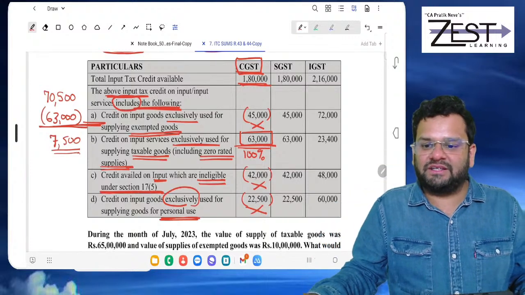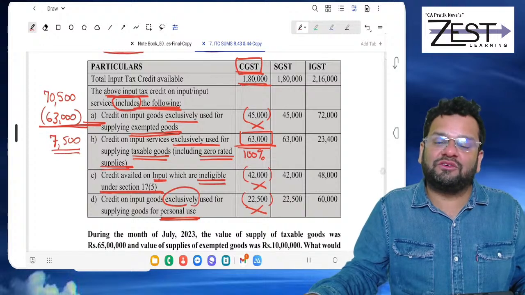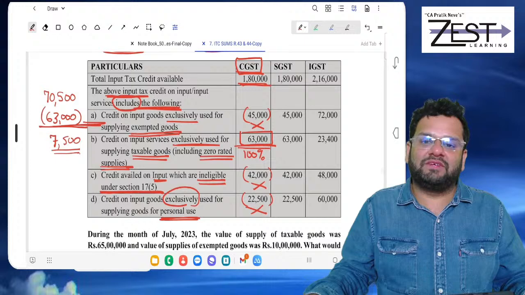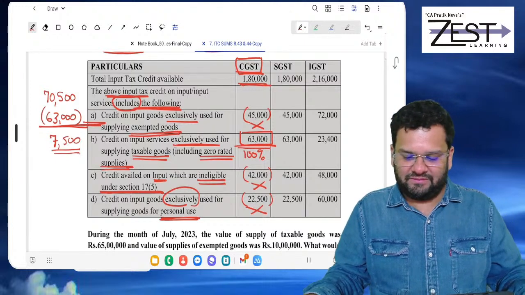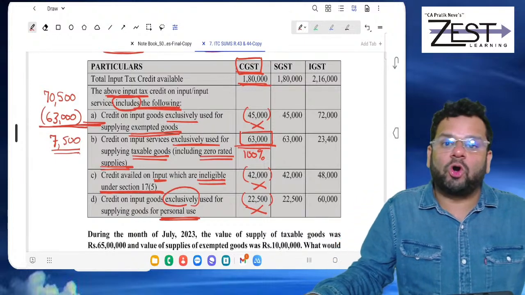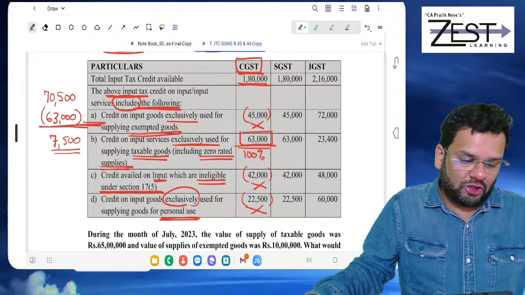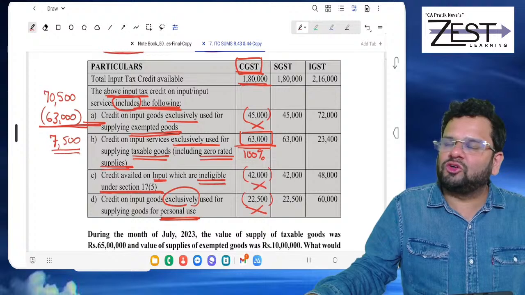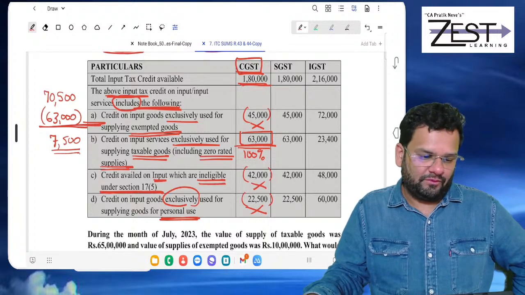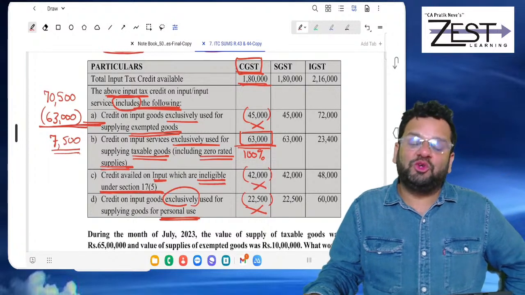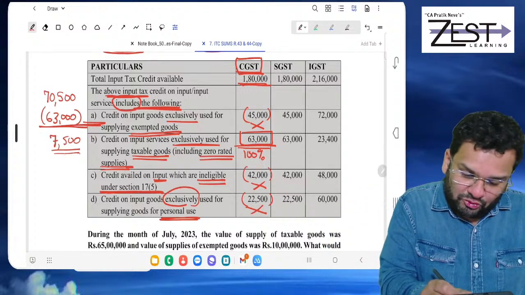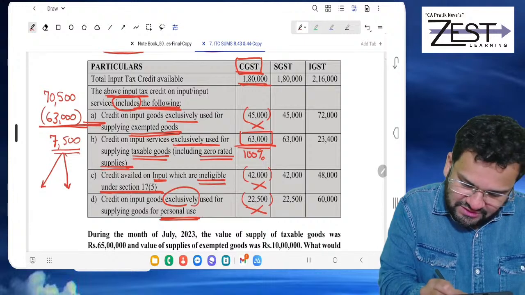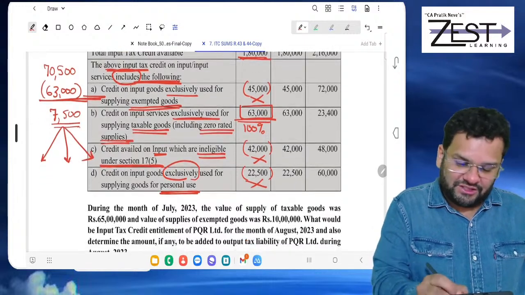What is, friends, 7,500? Do you agree that 7,500 is your input tax credit on common inputs? Yes. Now, do you agree that out of 7,500, there are three branches? What three branches?